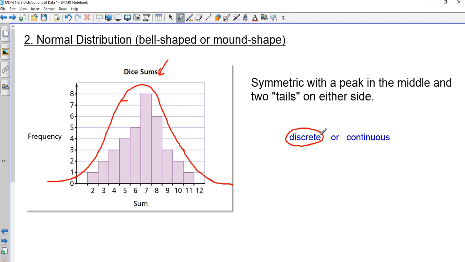But this is still a valid histogram because the x-axis, even though again it has specific values and not ranges or intervals, still encompasses the entire range from 2 to 12 that you can have in terms of those dice sums. So we're still seeing the distribution of those sums over their range.